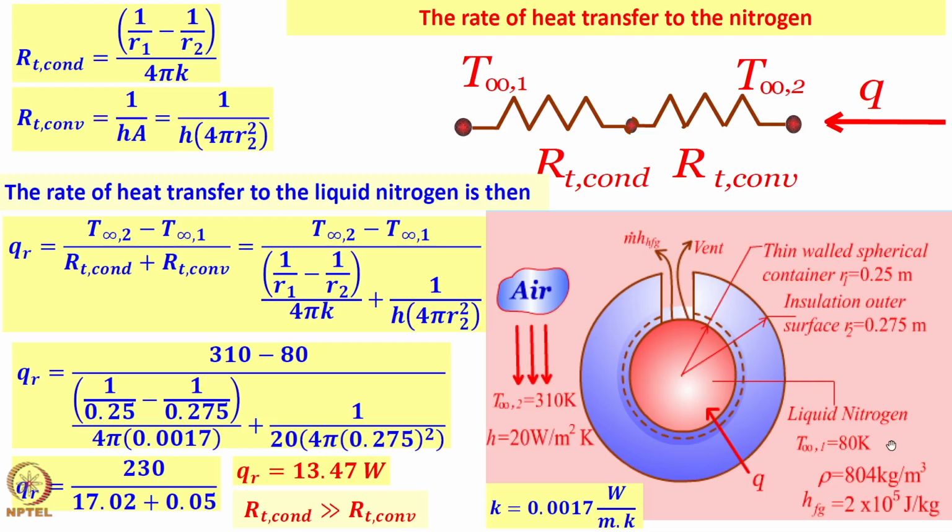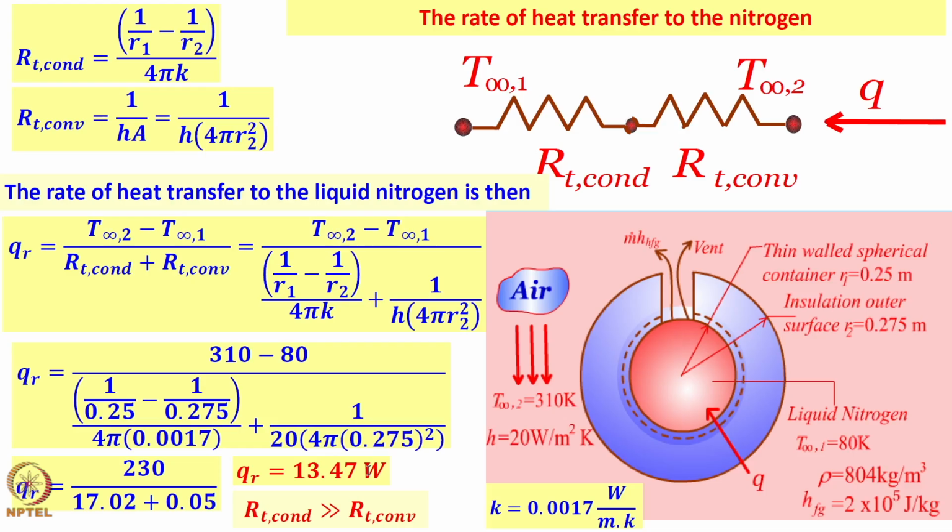That is what is given here. Convection on the outside surface area is 4 pi R2 square, so h into 4 pi R2 square. Put all this together, everything is known, Q is 13.47 watts.